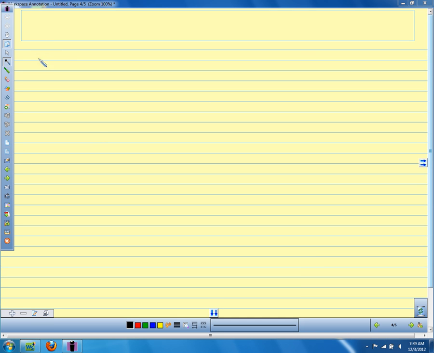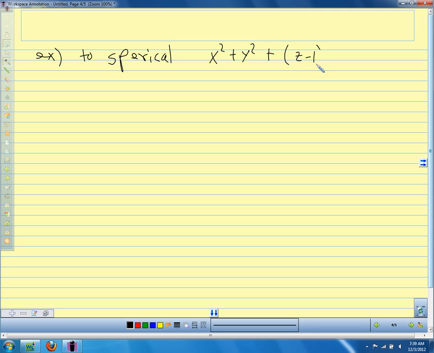To spherical. We're going to go to spherical again. We have x squared plus y squared plus z minus 1 squared equals 1. So before we convert, what is our surface here? Sphere.